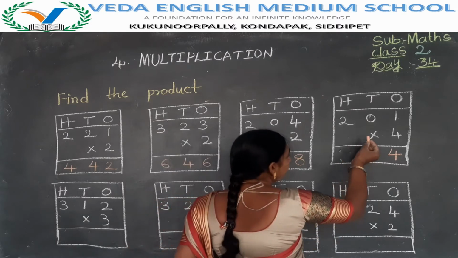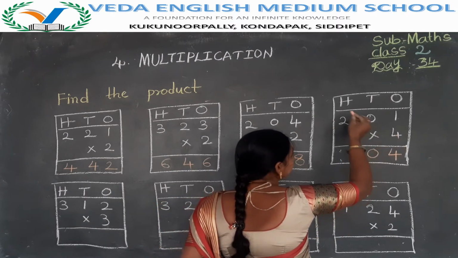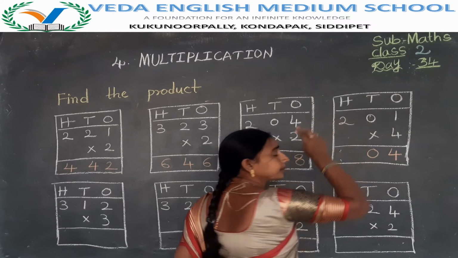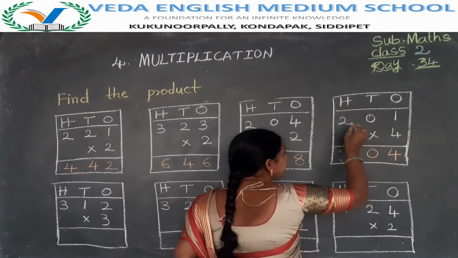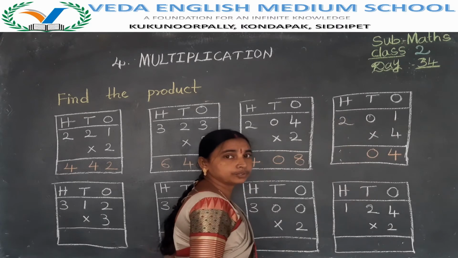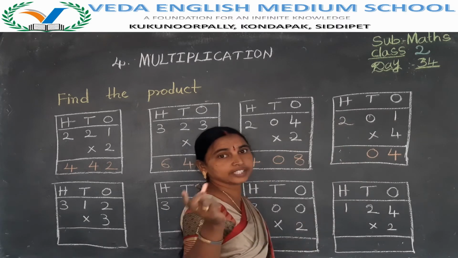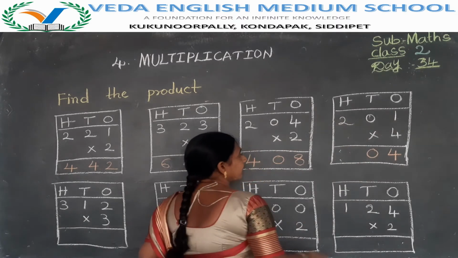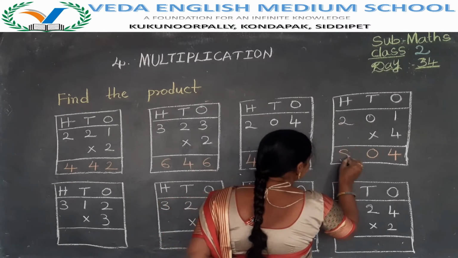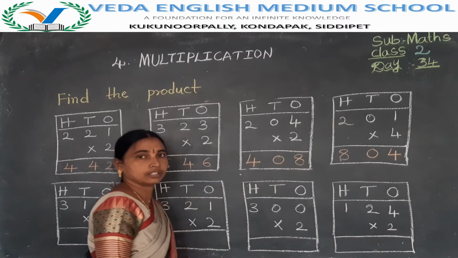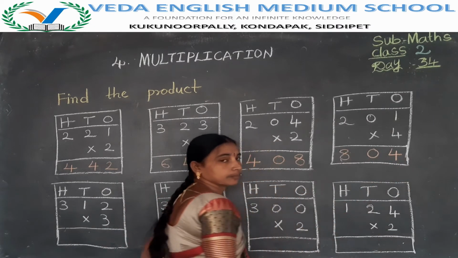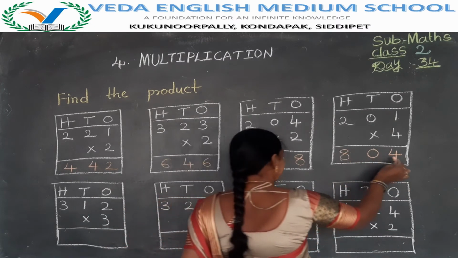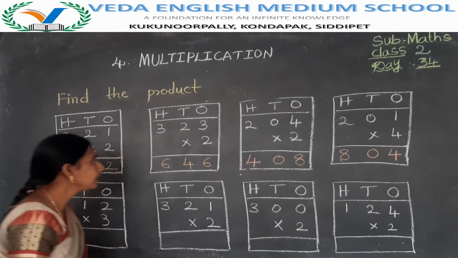Next, multiply digit 4 in the hundreds place by 2. See now, 4 into 2. 4 ones are 4, 4 twos are 8. So now write 8 under the hundreds place. What is the product here now? 804. Product is 804. Okay?